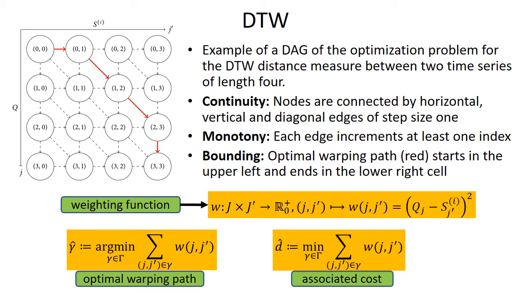Each node in the DAG has a weight, which is the difference between the time series values at that position squared, so Euclidean distance. In this DAG, we want to walk from the upper left corner to the lower right corner and find the path which has the highest accumulated weight. This is called the optimal warping path. Often we are also just interested in the cost of the optimal warping path.